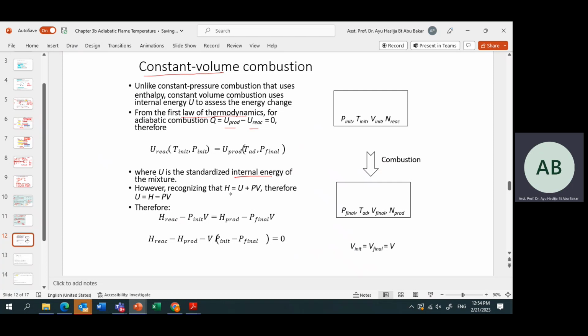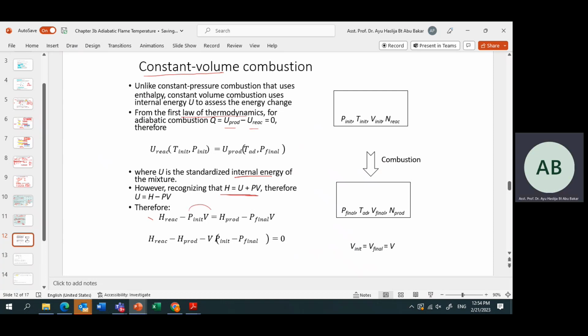Then from there, H is equivalent to U plus PV. So U is equivalent to H minus PV. Now we know the H, we can get it from the table.